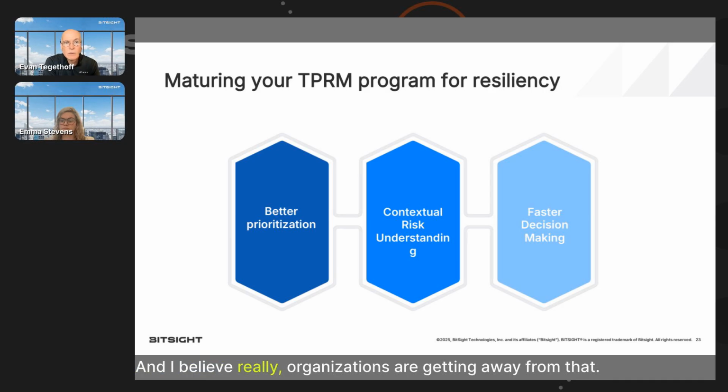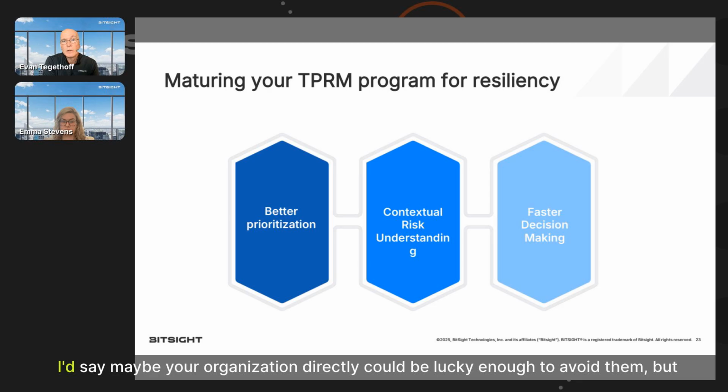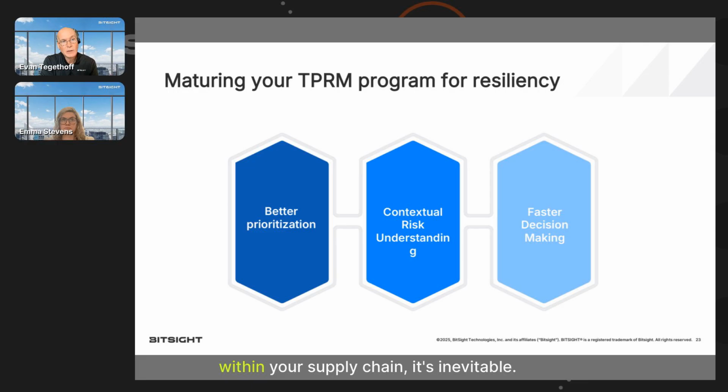And I believe organizations are getting away from that. It's particularly true of TPRM, where perfect protection is not really the goal anymore. Incidents are nearly inevitable. I'd say maybe your organization directly could be lucky enough to avoid them, but within your supply chain, it's inevitable. And you're dependent on those supply chain partners, rather.